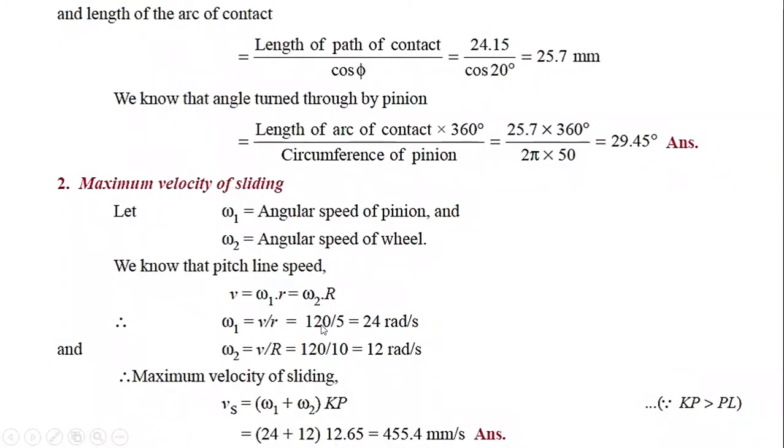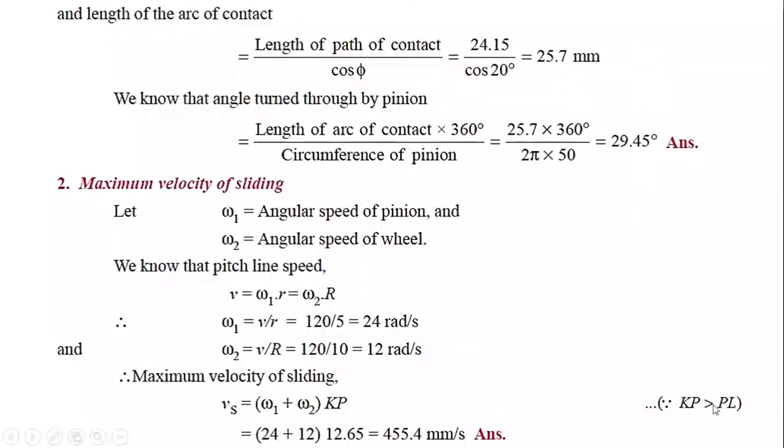Here centimeter per second divided by 5 centimeter. Now we get the value of omega 1 equal to 24 radians per second, and omega 2 is equal to 12 radians per second. Here maximum velocity of sliding Vs equals omega 1 plus omega 2.